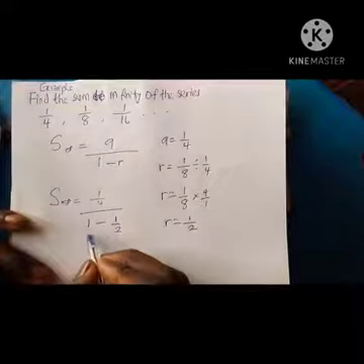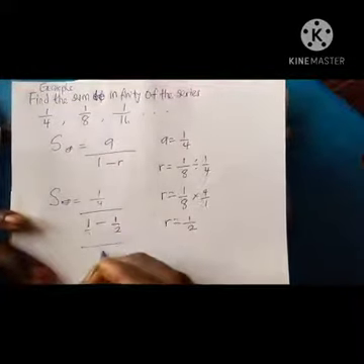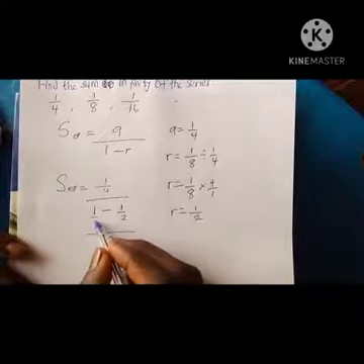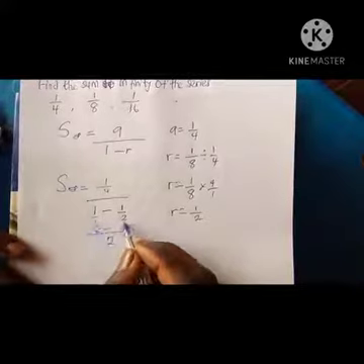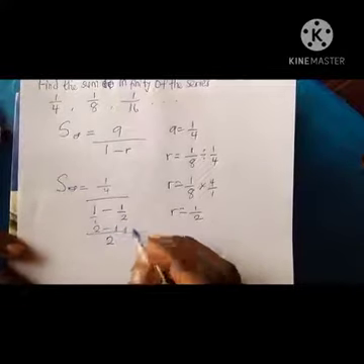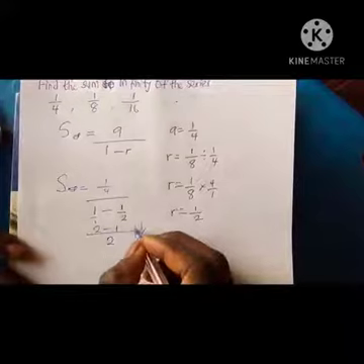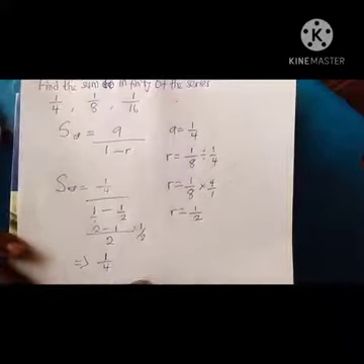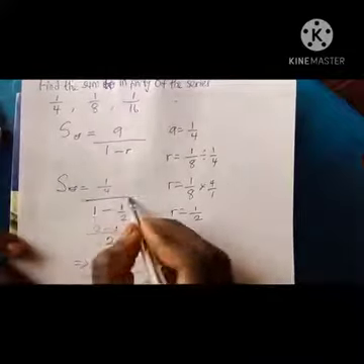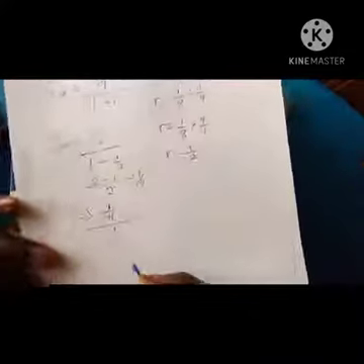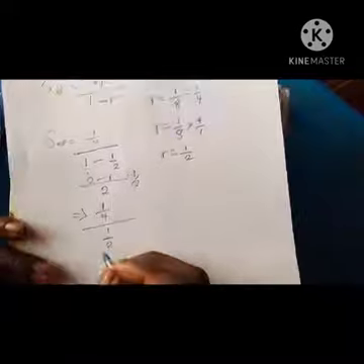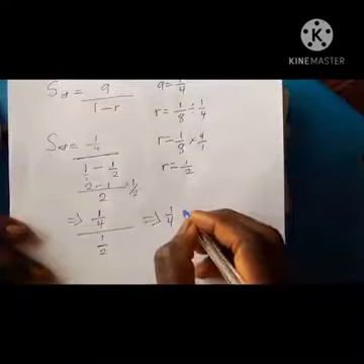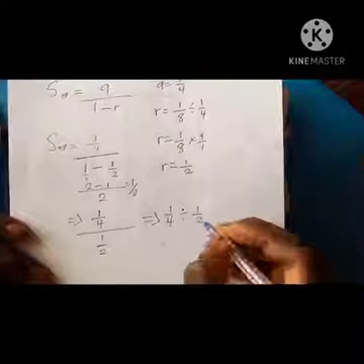Now when you do 1 minus 1 over 2, the common denominator is 2, so 2 into 1 minus 1 gives us 1 over 2 in this place. So we are having 1 over 4 divided by 1 over 2.